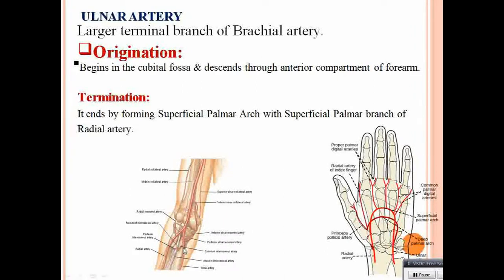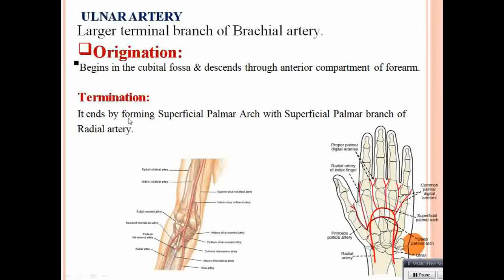So the ulnar artery is going to be in the anterior compartment of the forearm. The radial artery also lies in the anterior compartment of the forearm, but when it reaches the wrist area, it passes posteriorly, whereas ulnar artery is going to remain almost in the anterior compartment.